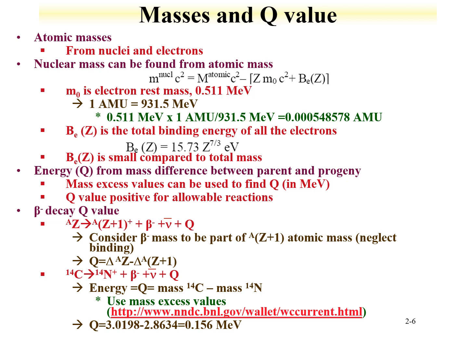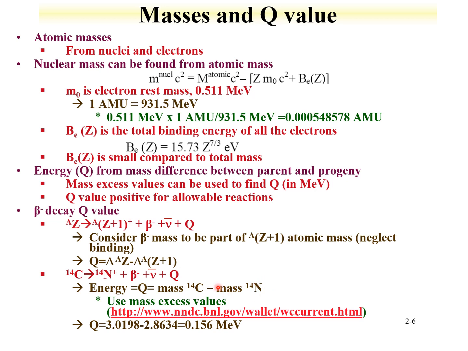An example of this: calculate the Q value for the beta decay of carbon-14. Carbon-14 decays to nitrogen-14, a beta particle, an antineutrino, plus Q. Rearrange the equation and solve for Q. So Q is equal to the carbon-14 mass excess minus the nitrogen-14 mass excess.